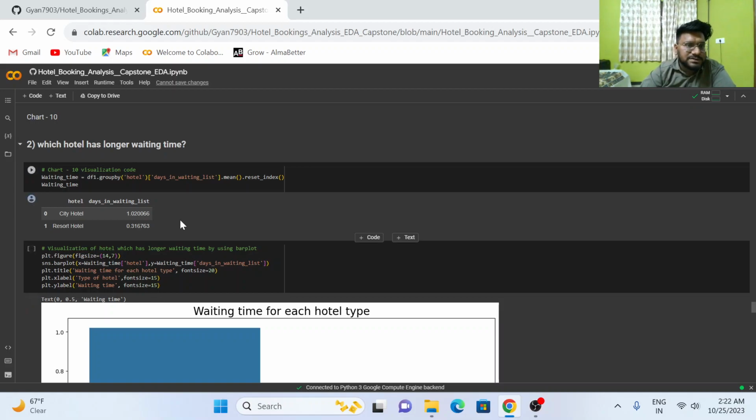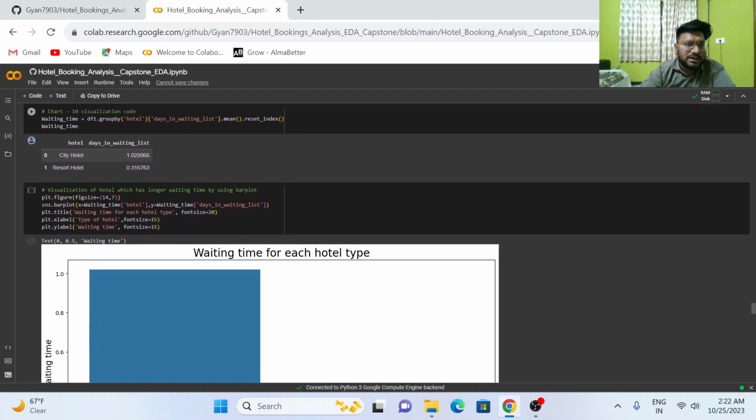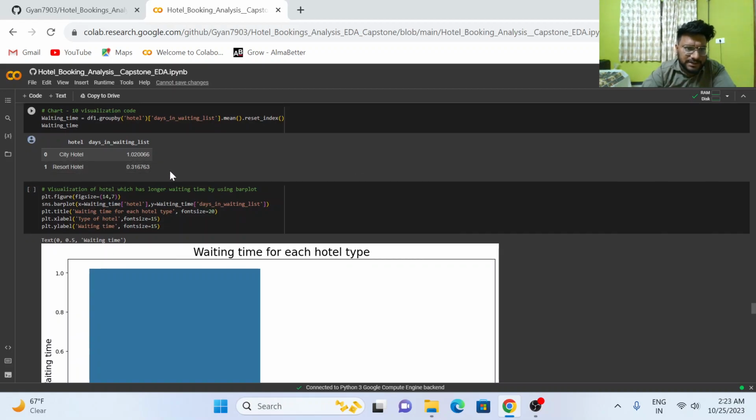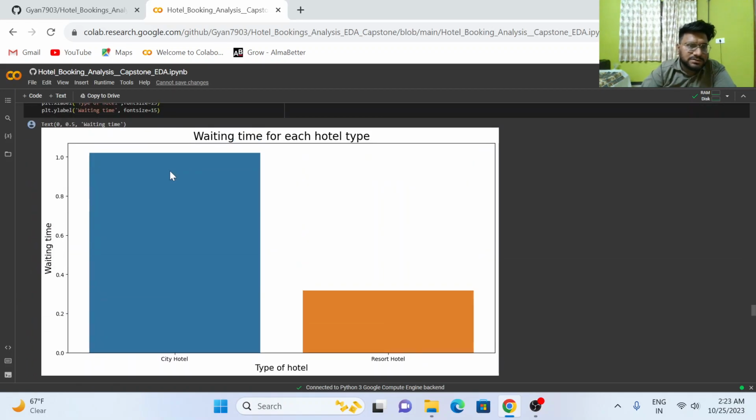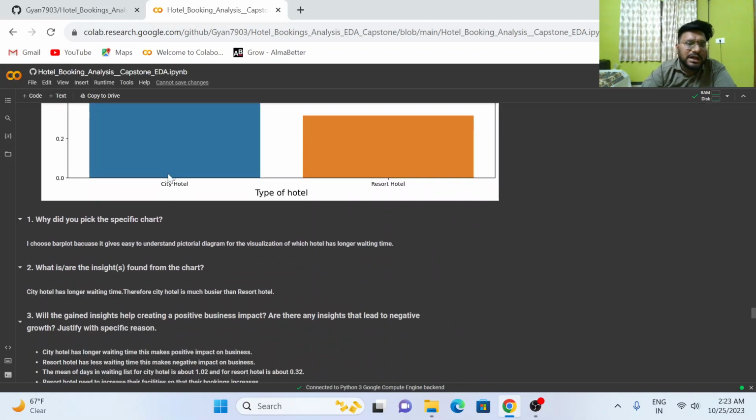So as we can see, for the days in the waiting list, using group by for the hotel types, for the city hotel it turned out to be 1 0.02 something, and for the resort hotels it was actually less. As we can see in the chart also, for the city hotel the waiting time was significantly higher.